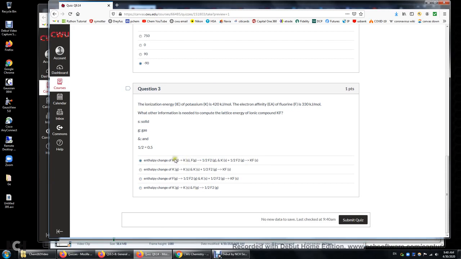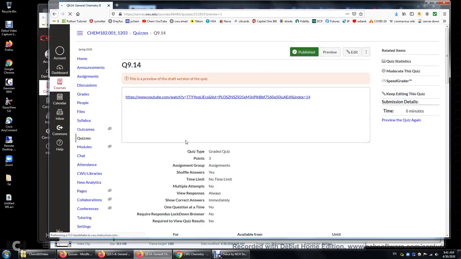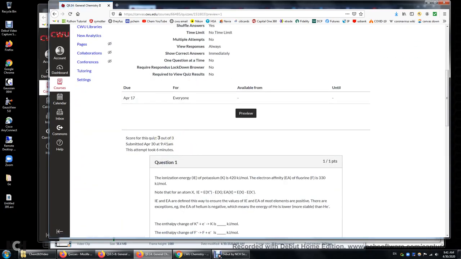So only this one connects the potassium in the gas phase to potassium in the solid phase. This equation connects the fluorine atom in the gas phase to the fluorine molecule in the gas phase. Again, potassium is in the solid phase typically. Fluorine is in the form of a molecule in the gas phase, so we need this too. And then we react the potassium solid with fluorine gas to produce this ionic compound. 3 out of 3, so we're done.